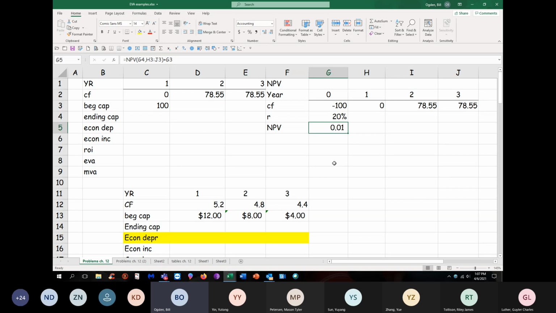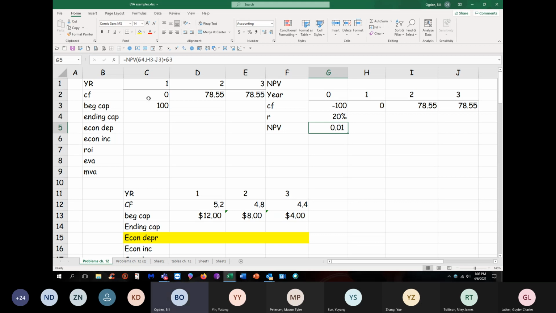What happened here is that this problem came out of your book, and I could use goal seek or solver to make this number come out to 0. It's supposed to come out 0. So this is a 0 NPV project, and it rounds off to a penny. Now let's do the same problem, only using an EVA methodology.